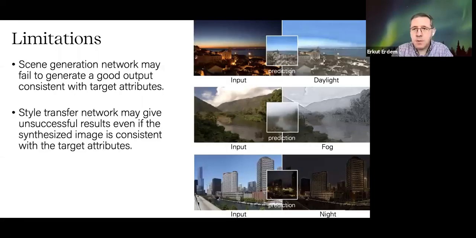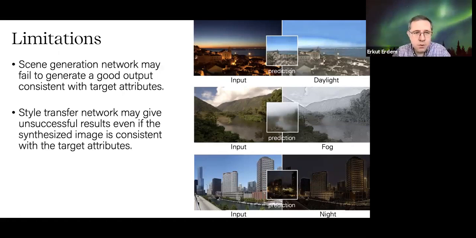As I said, there are some limitations of our framework as well. As I mentioned before, sometimes the style transfer network may give some unsuccessful results, even if the synthesized image by our scene generation network is consistent with the given target attributes. For instance, the fog example demonstrated in the middle shows this limitation.